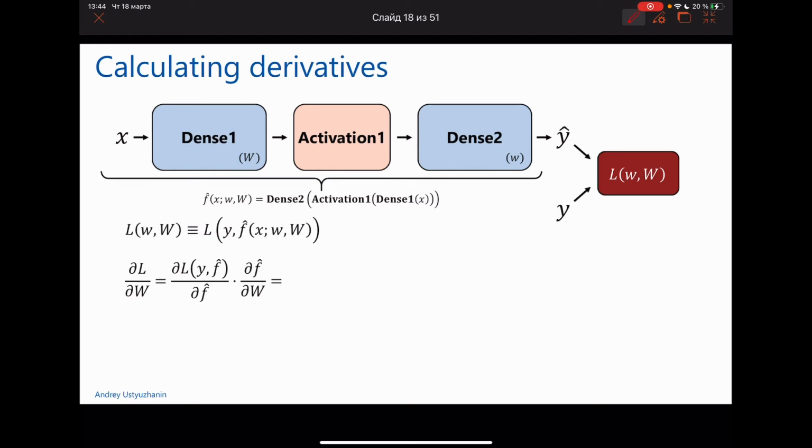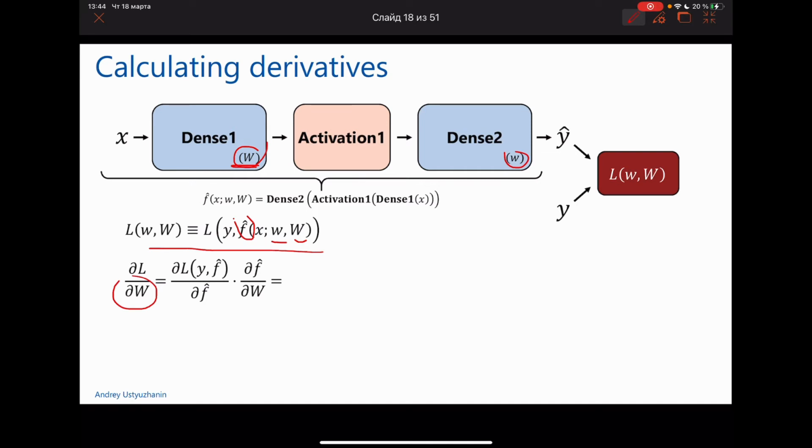So if we say that the loss function is a function that depends on the prediction f hat and ground truth labels, and f hat depends on those matrices W large and W low, you can compute the derivative of the loss function with respect to those dense one layer weights, and to do so you have to use a chain rule.